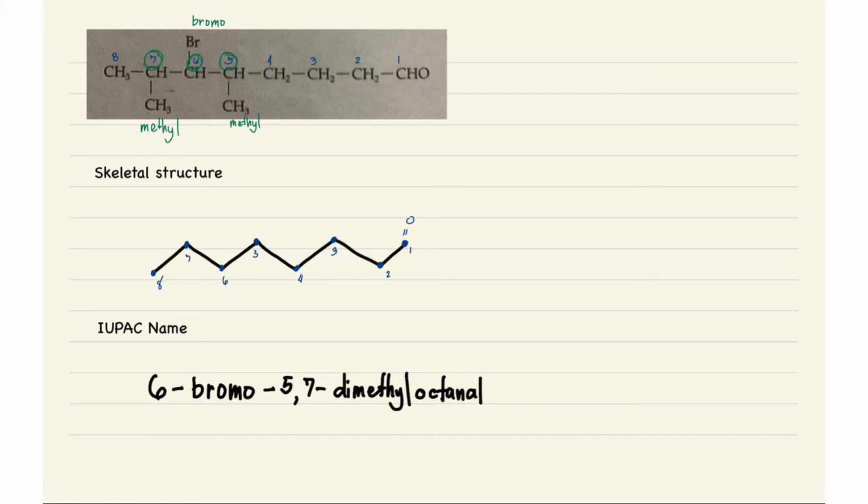So, according to this one, in carbon number 5, we have here methyl. Tapos, kay carbon number 6, we have here the Br. Then kay carbon number 7 is methyl. So this is the skeletal structure of this figure.